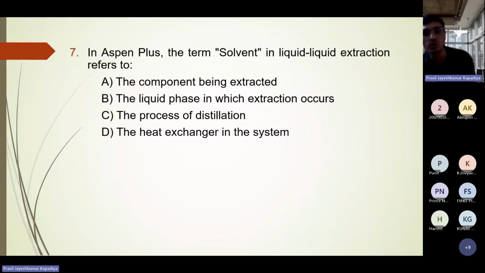Now in Aspen Plus, the term solvent in extract LLE means? Liquid phase in which extraction occurs. Option B. Yes, B. The component that is being extracted is the solute, not the solvent.